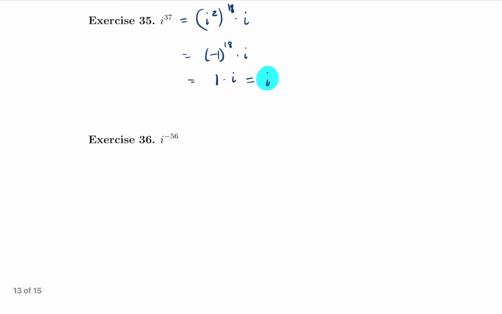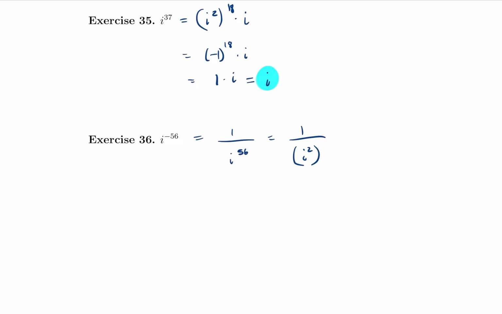The final problem is the same thing. The only difference is now there's a negative exponent, which means we need to take the reciprocal of that. So the reciprocal is 1 over i to the positive 56. And then we do the same thing that we've been doing, writing that i in terms of i squared. So in this case, we need to get to 56.